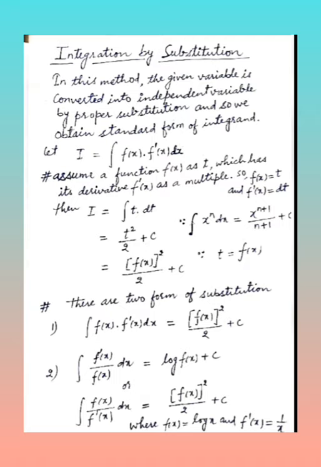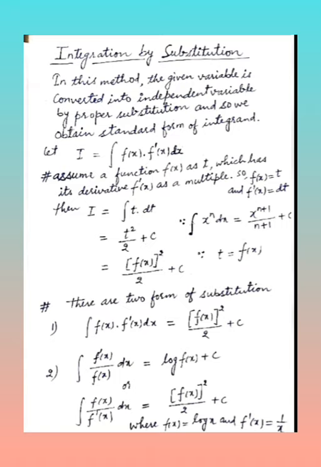So we get integration of f(x) into f'(x) dx is equal to integration of t dt. If we integrate it, we get t square by 2 plus c. When we replace the value of t, which is f(x), we get f(x) raised to power 2 upon 2 plus c.